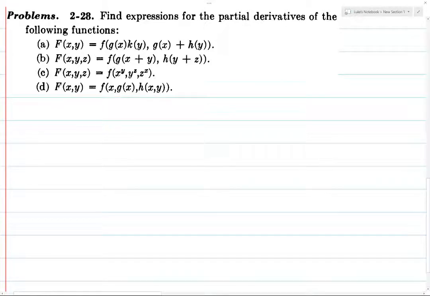Alright, so let's compute some partial derivatives. And basically all we're doing here is applying a theorem that we talked about earlier in the section.